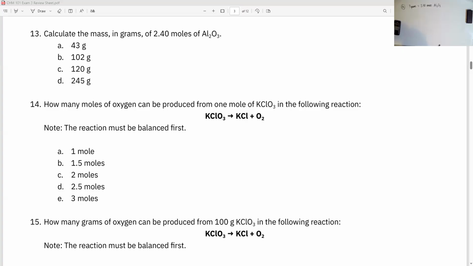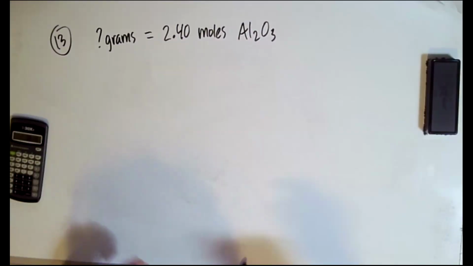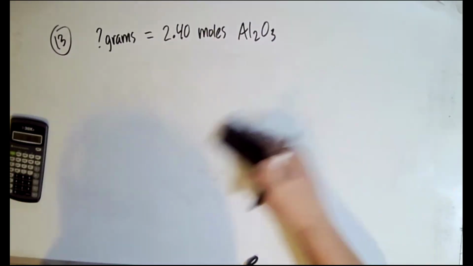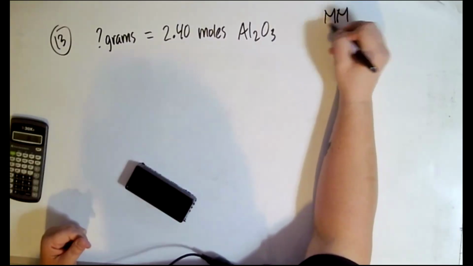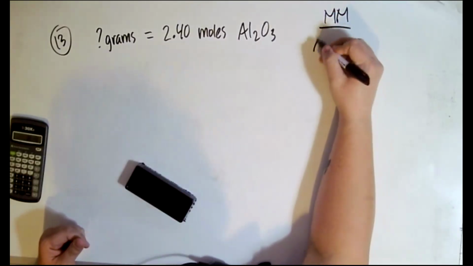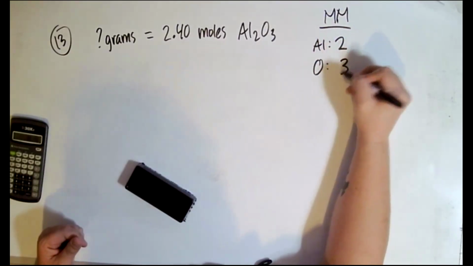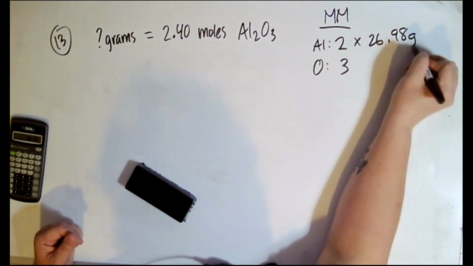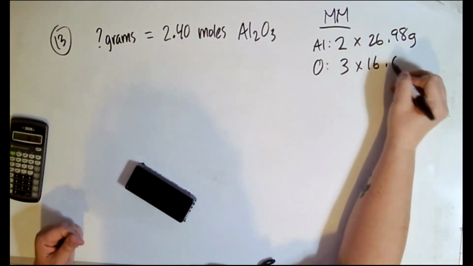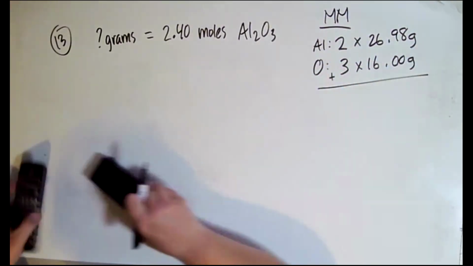So before we can start on this question, we're going to have to calculate the molar mass of our aluminum oxide. So put our molar mass calculation here. We've got 2 aluminums. We've got 3 oxygens.